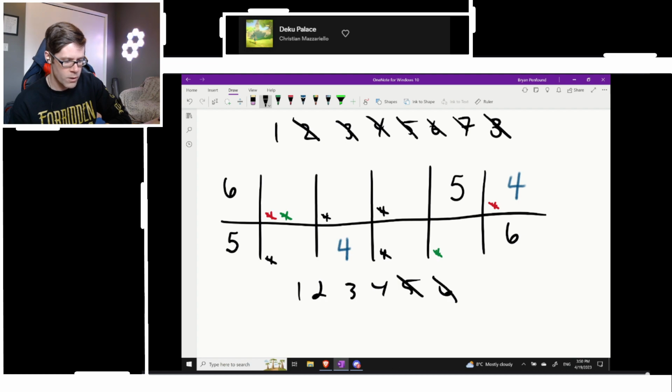One position was in red, one position is in green. We've already canned out those possibilities, and the last position here is in blue. And if the 4s don't work here, then we've basically ruled out all the cases.